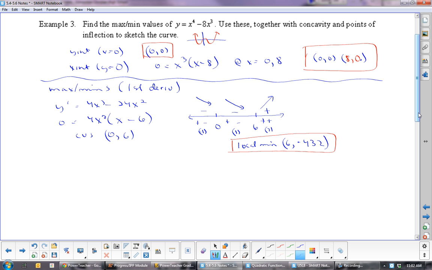This is something important too, because I know by now that that's an S, right? Because it's coming down and it's coming down again. So it is giving me a slope of 0, but it's not changing from down to up, so I know that it's going to be an S there.